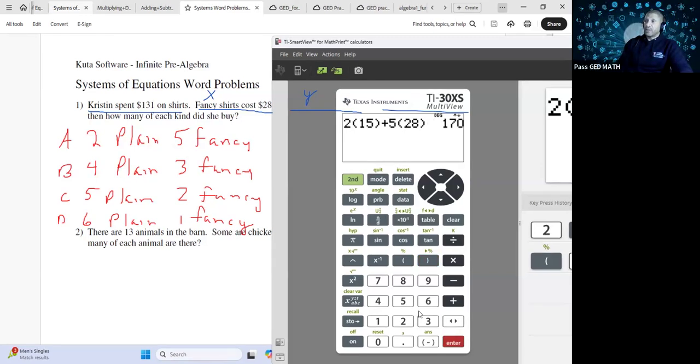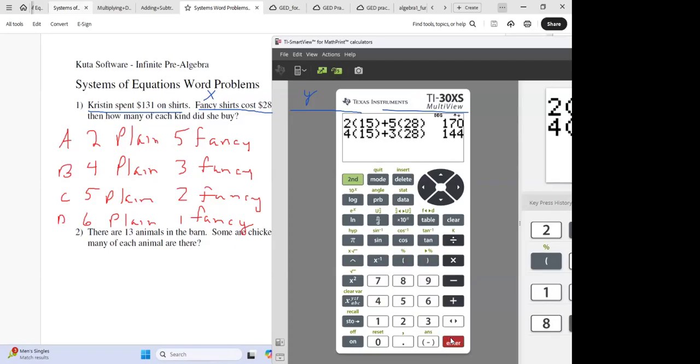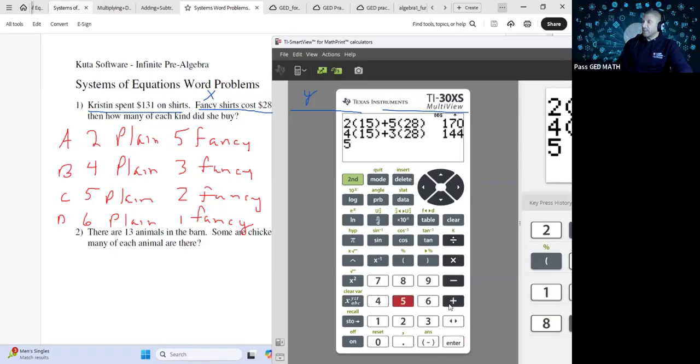When I press enter, did I get 131? No. Okay. So I'm going to try the second one. 4 times 15 plus 3 times 28. Did I get 131? No. Let me try the third one. 5 times 15 plus 2 times 28.